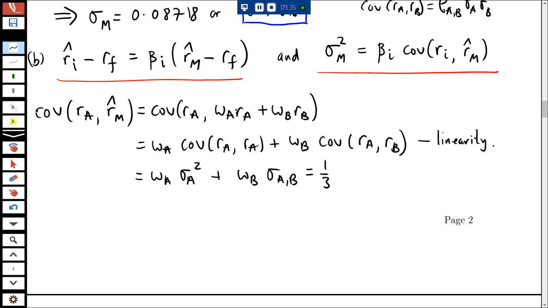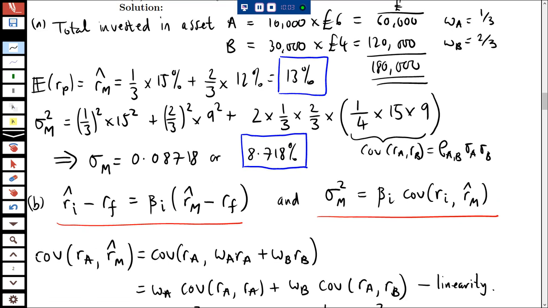So in fact we have 1/3 of 15, I'll write them as decimals, percent squared, plus 2/3 times the covariance between asset A and B. We've already calculated this a moment ago. It's just this thing here.